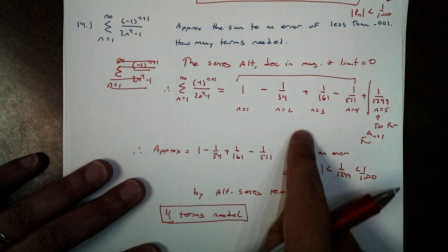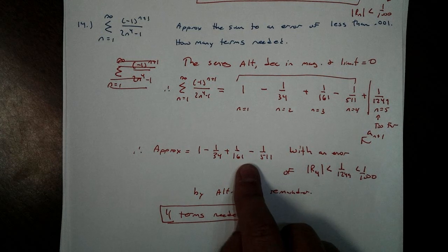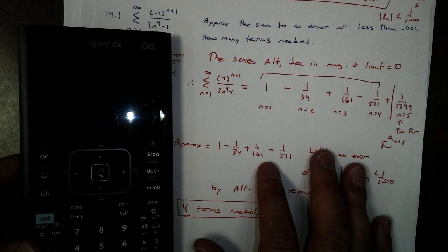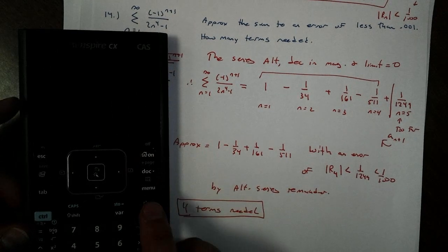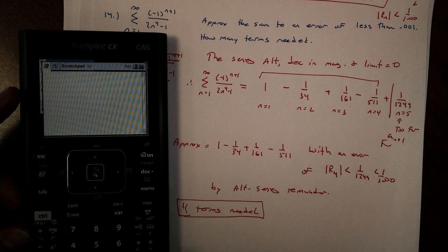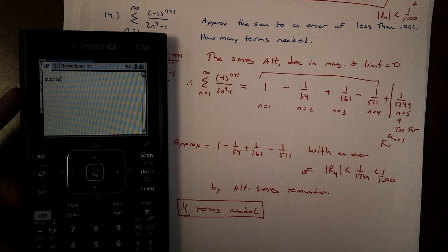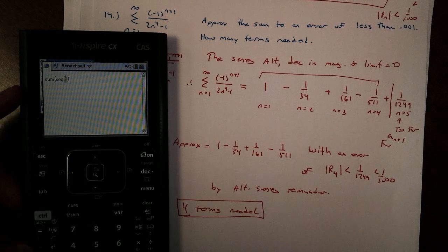We're going to talk a lot about this next unit. Now, if you want to approximate this, you can type this in your calculator. If you want to review that, it's right here. We would go to menu, sorry, we want to do the sum of a sequence. Control divide.